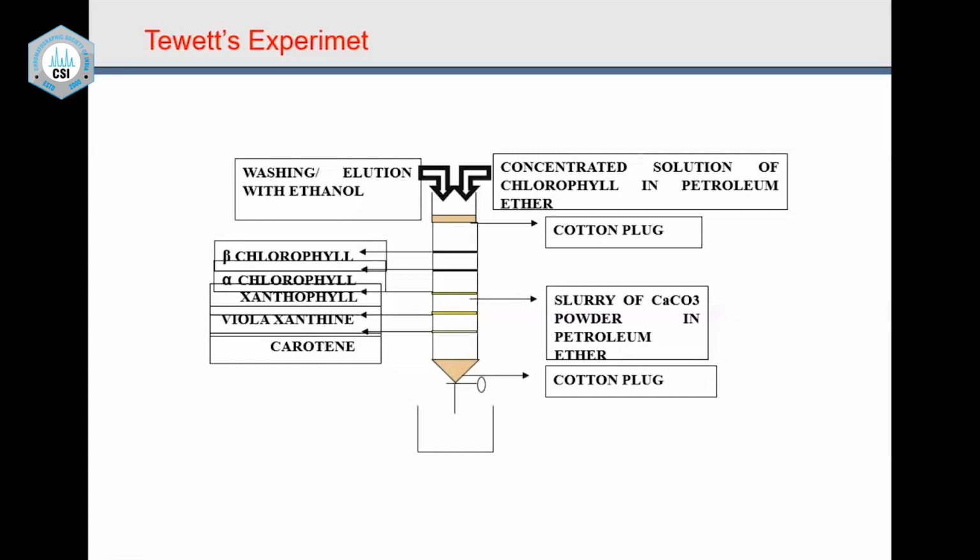The stationary phase was chalk powder, calcium carbonate powder, and he used the mobile phase, which is petroleum ether. He washed the column with that, and at the end of the column he started collecting fractions of each one of those components, and that is how the separation happened.